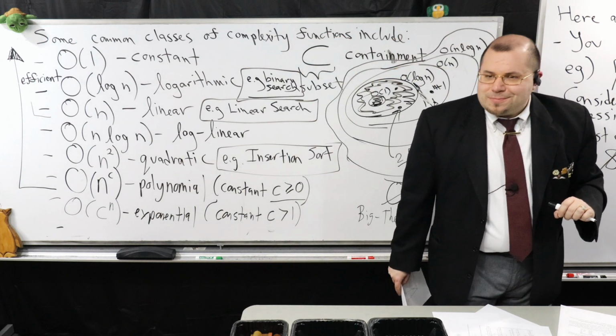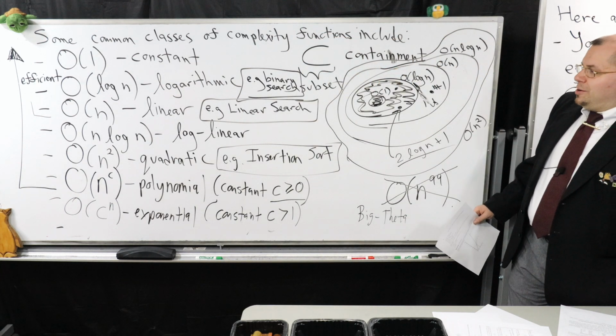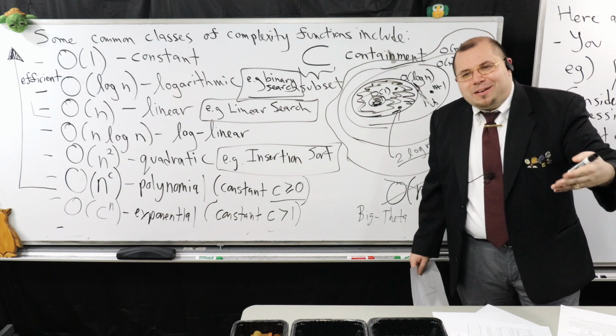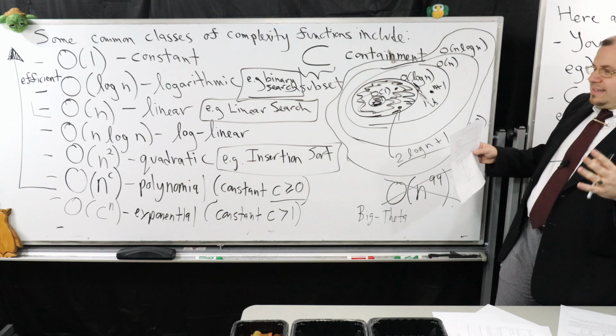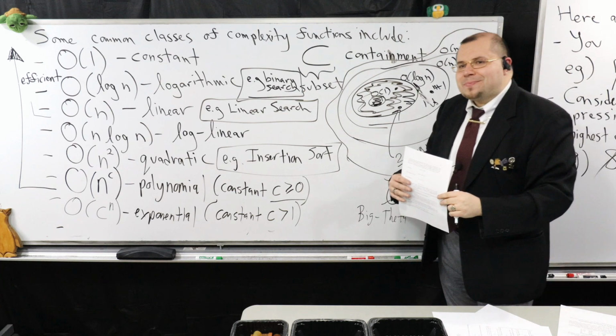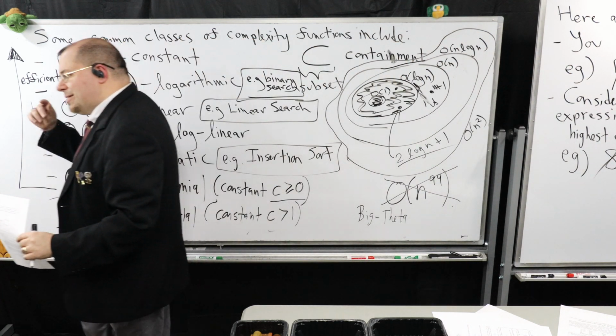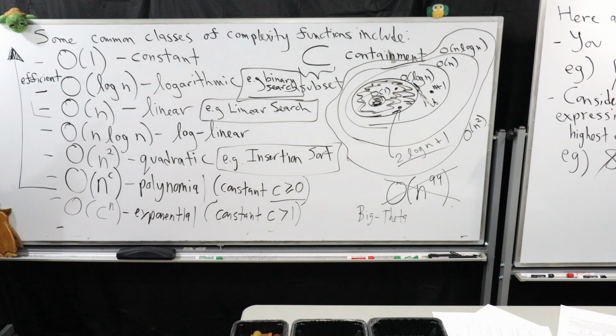It could be something where the leading exponent is a 4 or a 5 or 10,000. The point is that it's some polynomial. And by very similar rules to what I gave over there, you can always simplify them down so they fit into this category.